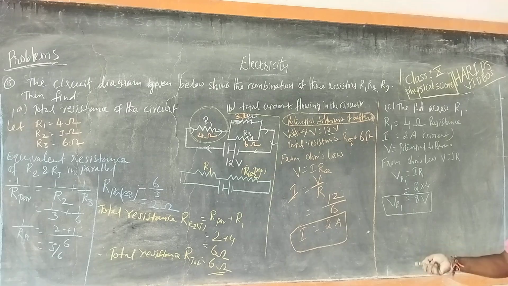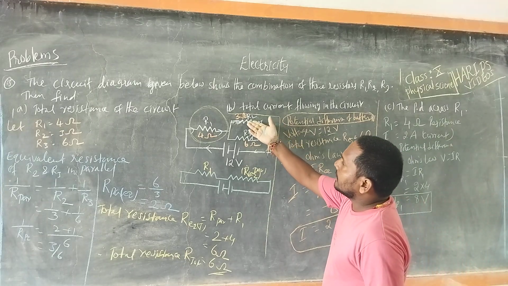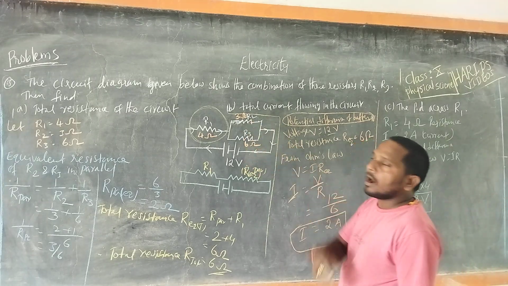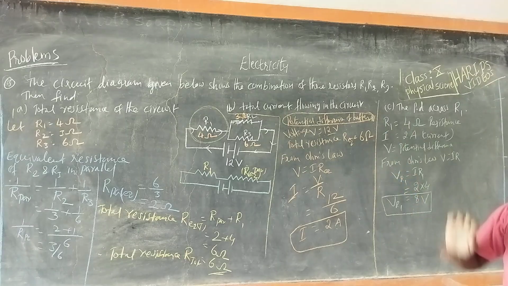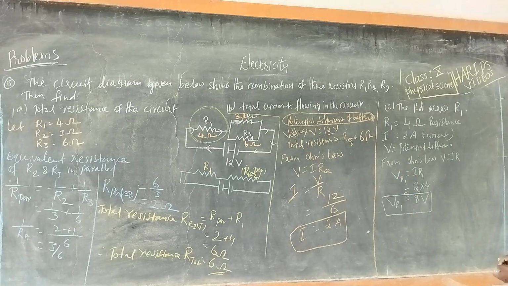Similarly, we can calculate for R2 and R3 also, just for understanding. Resistor R2 is 3 ohms and the current I is equal to 2 amperes.